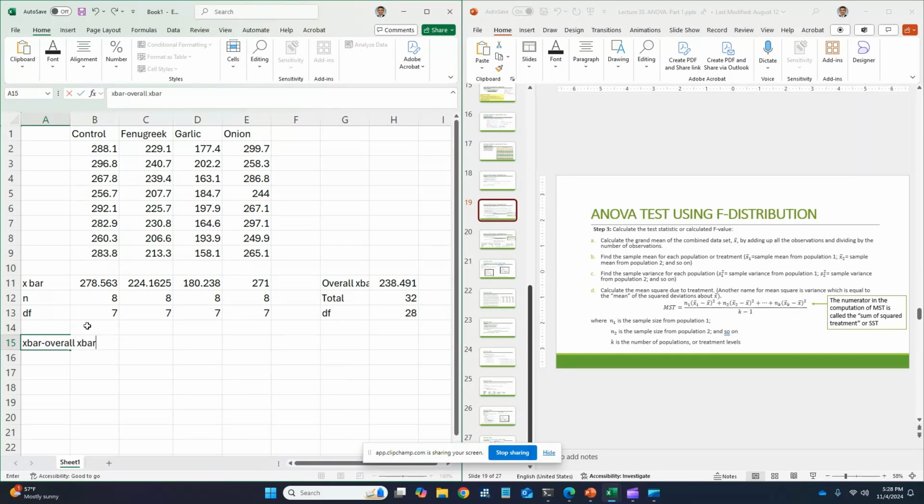So this minus this mean. So this minus this. Now, when I drag this to this point, notice that Excel will move the formula as well.